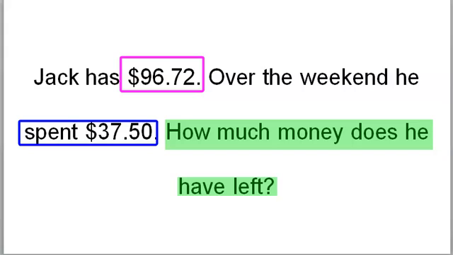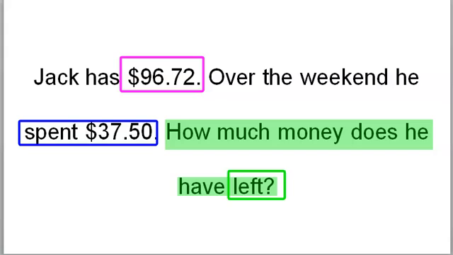So we want to know how much money he has left. Is Jack going to have more money than $96.72 when he leaves Crossgates Mall, or will he have less than $96.72? Thinking about that word left, how much money does he have left? What is that telling us? And what does that tell us about the operation that maybe we want to be doing?